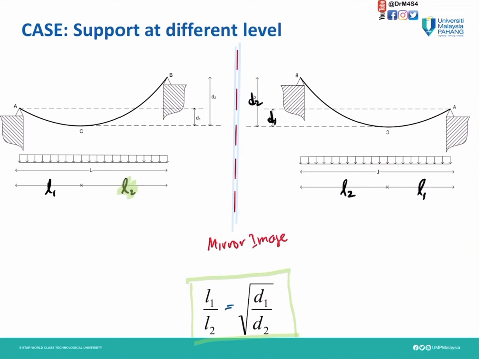Here is L2, so this side is L2. Here is L1, and here is D1, so this side is D1. This is D2. So here is support B, here is support A, and the lowest point is C.